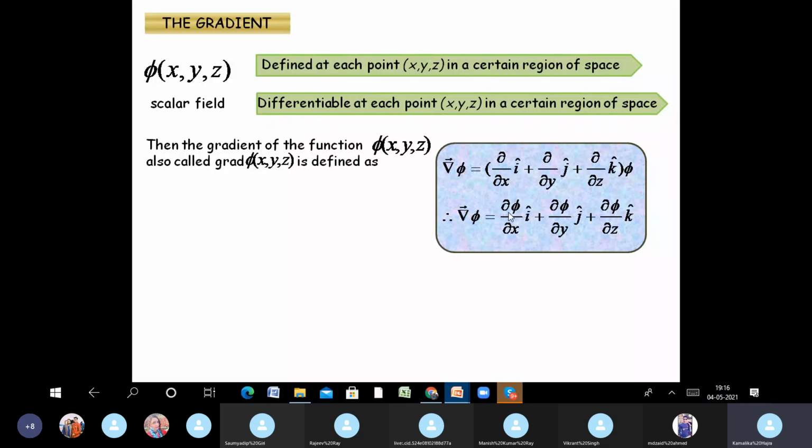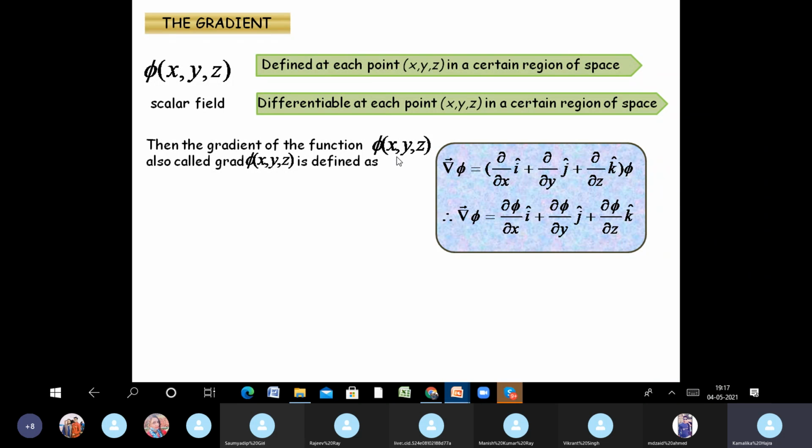So if phi is a function of x, y, z, you can see that the i component or the x component is a partial derivative with respect to x. The y component is a partial derivative with respect to y, and the z component is a partial derivative with respect to z. Okay, so this is how you get the gradient of a function phi.